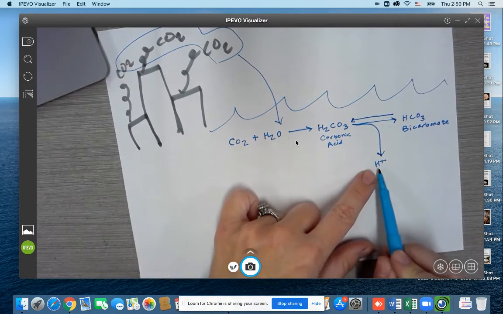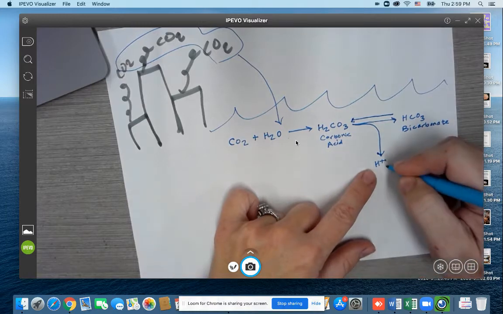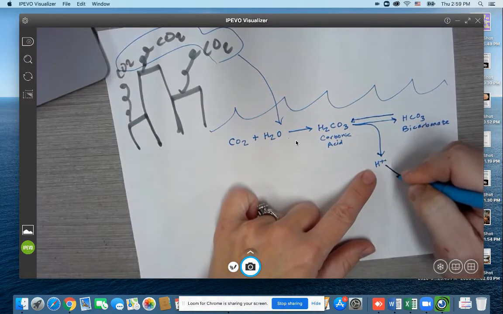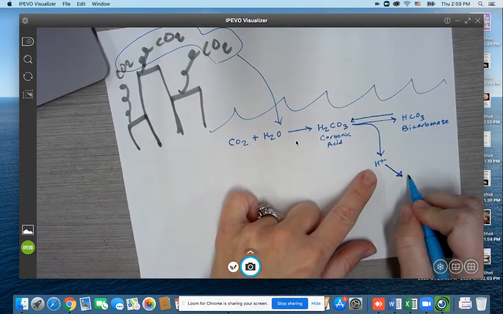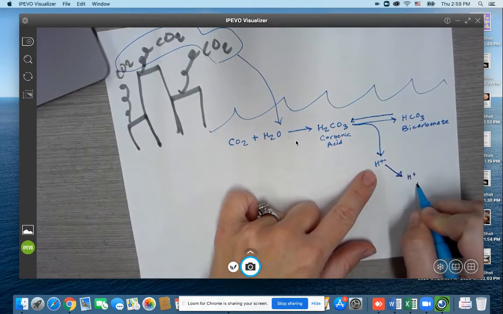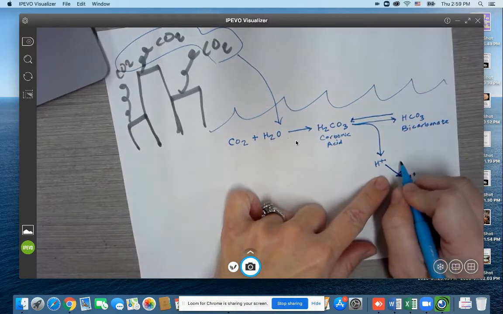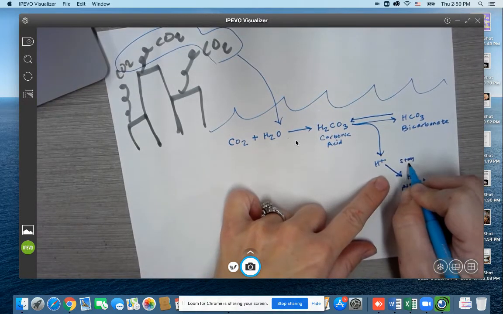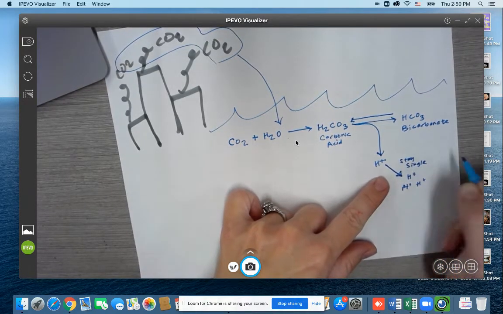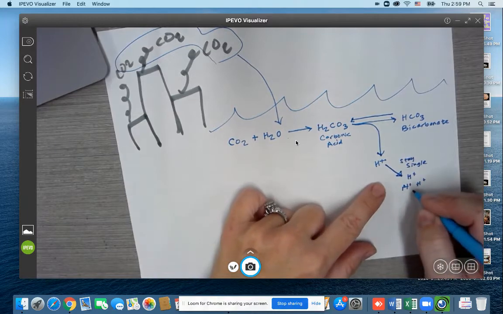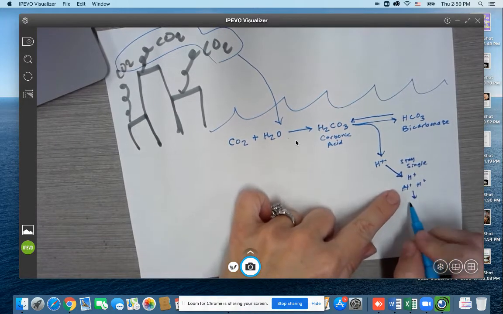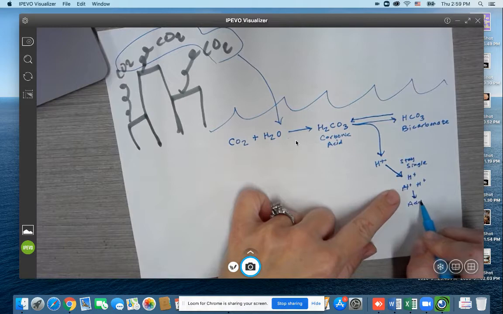Okay, so this hydrogen is going to take one of 2 roads. It's going to either stay single, okay, and just accumulate. It's supposed to be an H+. So it's going to stay single, and by that I mean it's not going to chemical bond with anything. And as a result, those excess hydrogen ions are going to acidify the ocean.